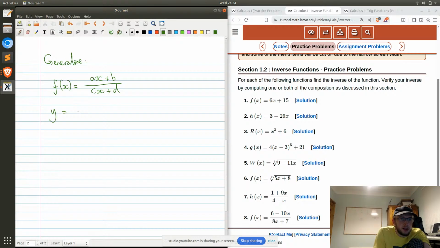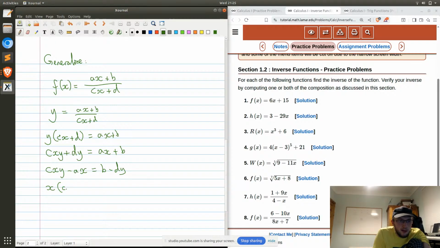So we say y is equal to ax plus b over cx plus d. We bring that up. Expand. Bring the x terms together. Cxy, take ax, and that on the other side.